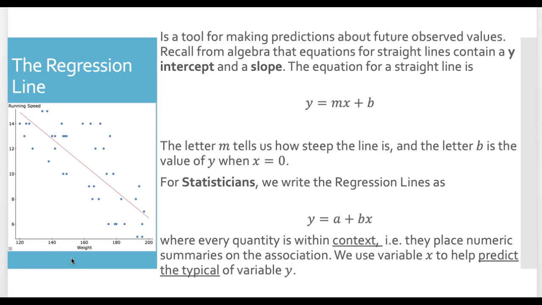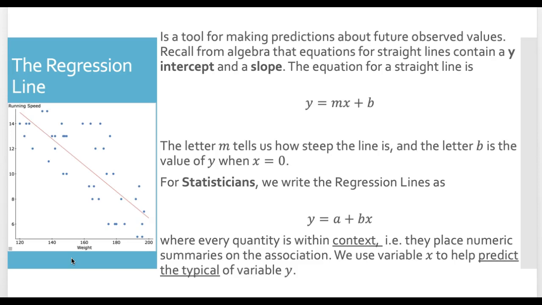We looked at the scatter plot and said that as the weight increases, the running speed decreases. We calculated the correlation coefficient for this data set, which is about negative 0.77. Now, given a weight, can we predict the running speed?